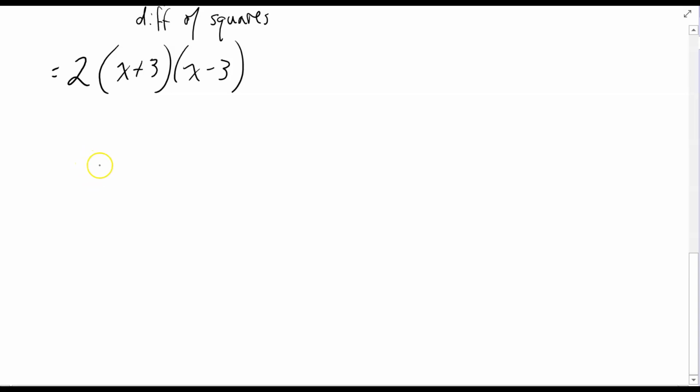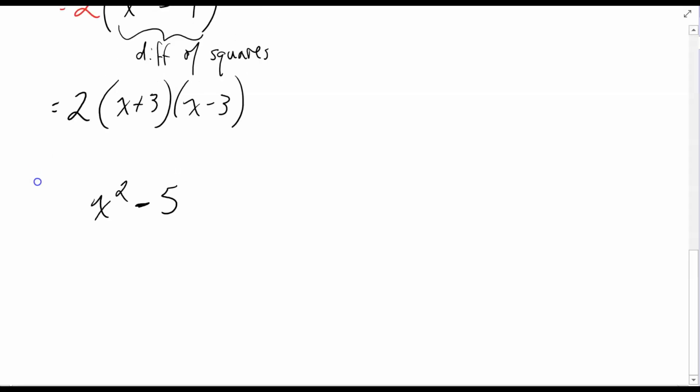How about when you don't see a difference of squares? What about x squared minus, it's got to be a difference, 5. 5 is not the square of anything. X squared is the square of x, but 5 is not the square of anything. But what we were doing, let's go back here.